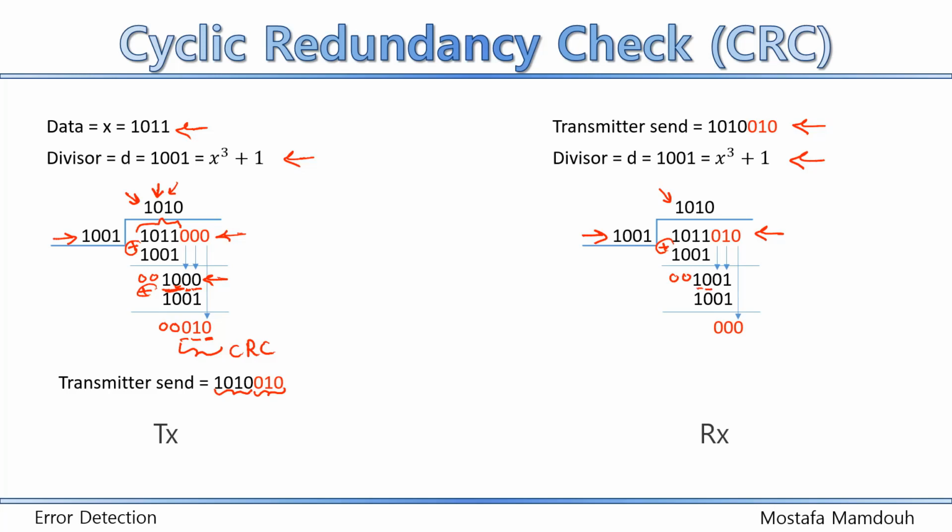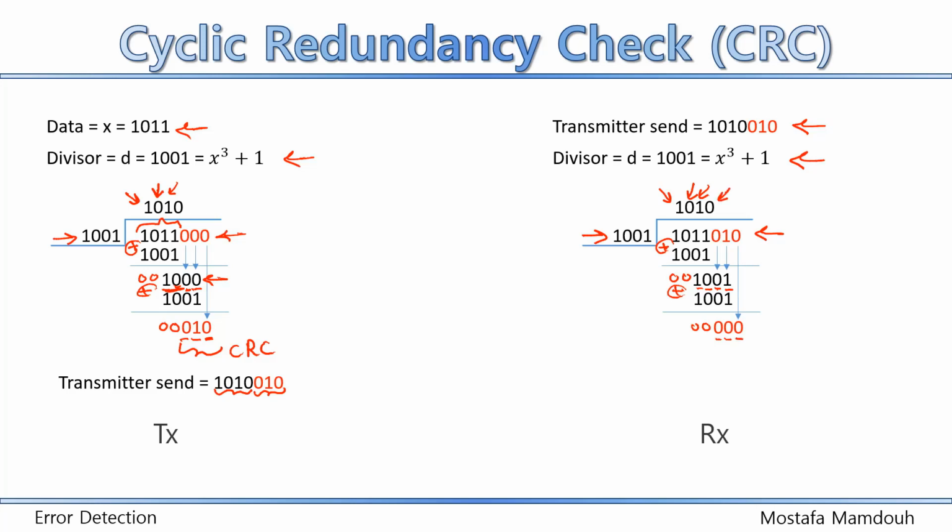Then we will take 0 from above, but since there are only 3 bits, we are ready to take another 1, but we should put a 0 here, and then we put another 1 to multiply by 1001, and we will get 1001. Again, make an XOR, we will get 0 and 0 and 0 and 0, and we will take that 0 from above.